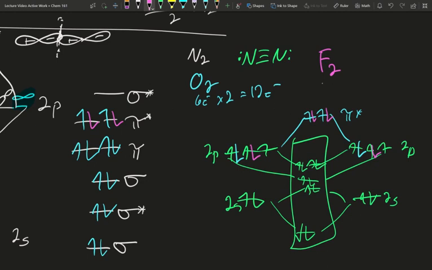Each of these should have 7 electrons times 2 for 14. 2, 4, 6, 8, 10, 12, 14. F2 should be diamagnetic, and it is.